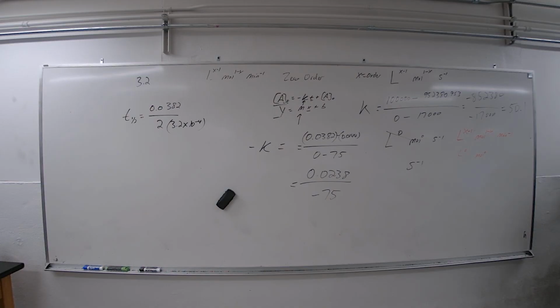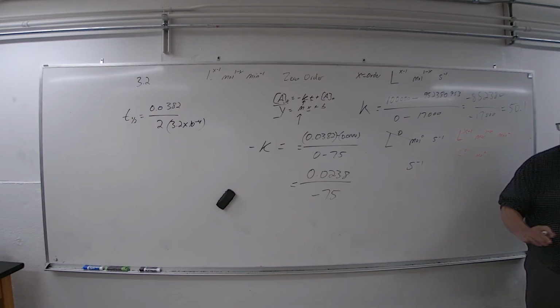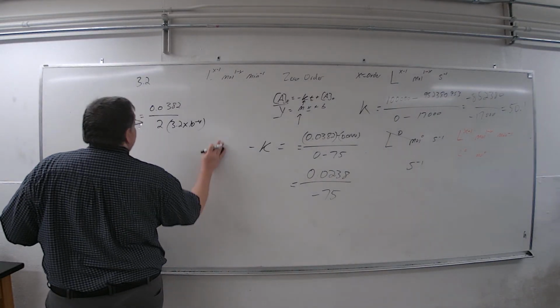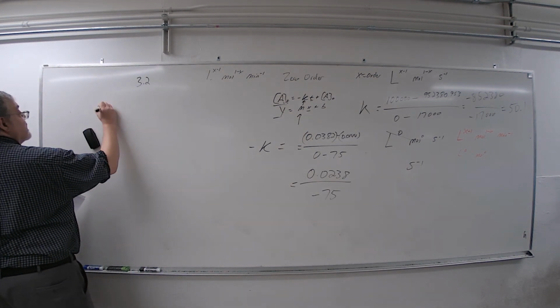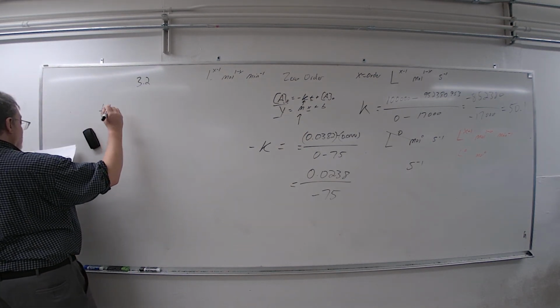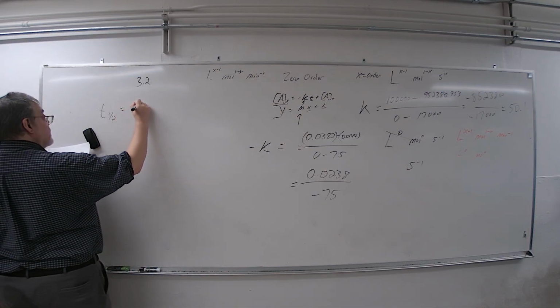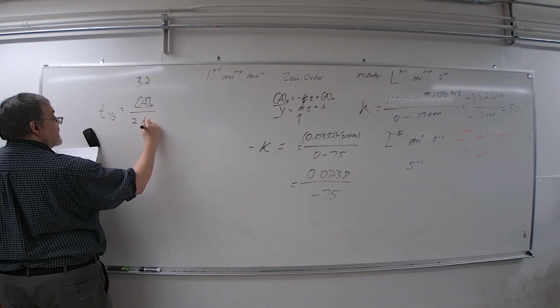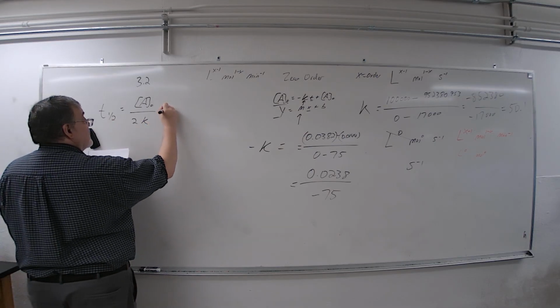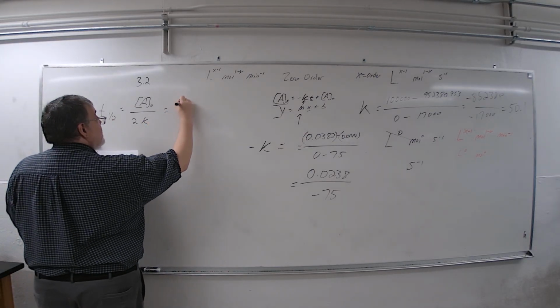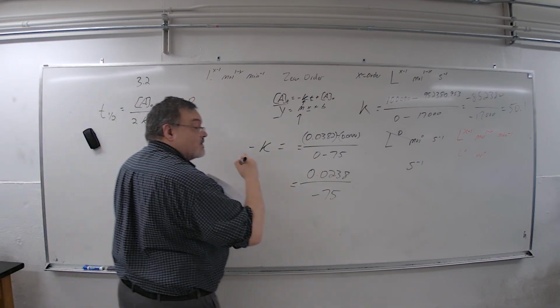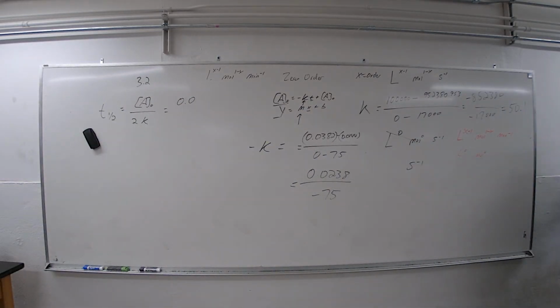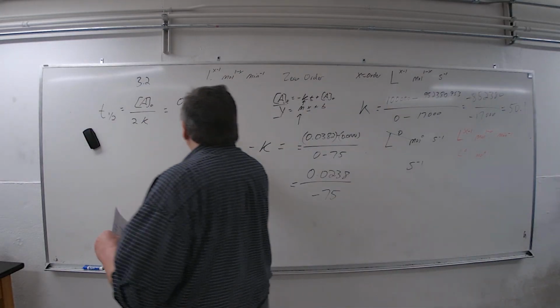Yeah, the formula is, let's be real explicit because I think I got it wrong again. T1/2 for 0 order equals concentration A naught over 2 times K. All right. So in the top, 0.0382 for the initial concentration.